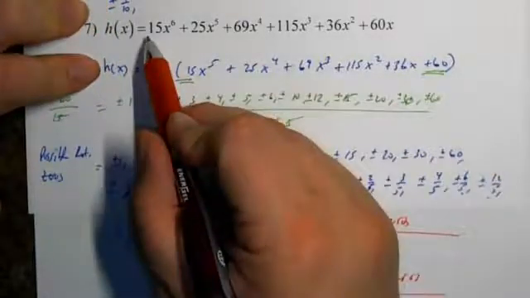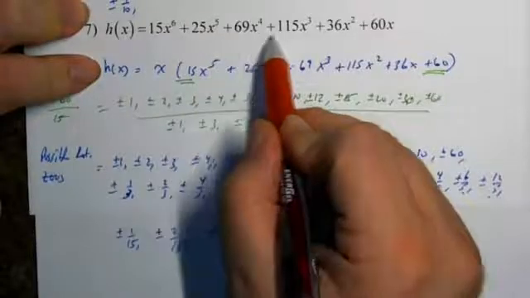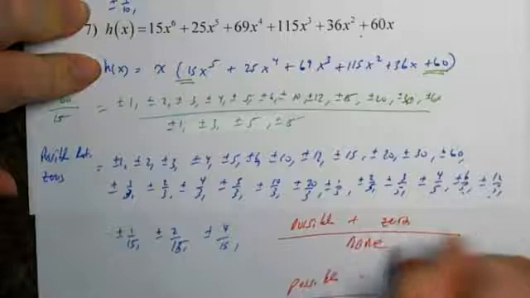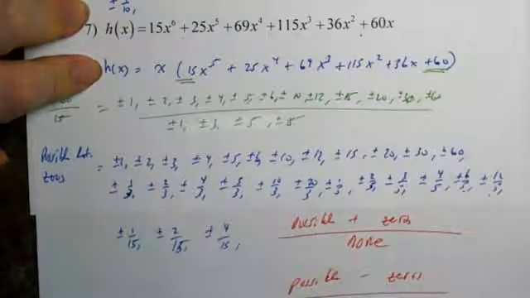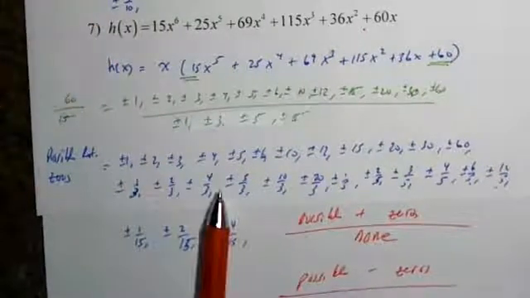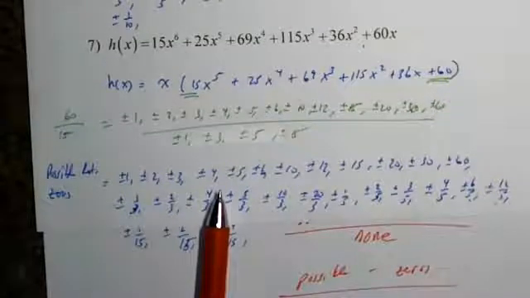Counting number of sign changes: positive, positive, positive, positive, no sign changes. How many possible positive zeros are there? None. There are no possible positive zeros. So if you were to try to solve this, don't try any positive numbers, right? Because no positive numbers work. Only try negatives.